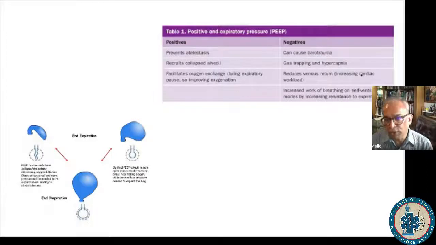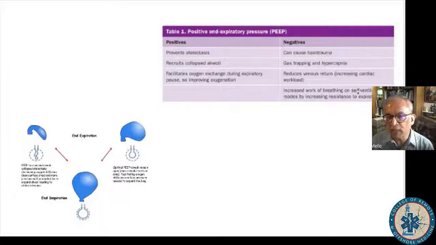So you've got two alternatives. You can give a bolus of fluid to make up for that reduced venous return, or you can use a vasopressor like a bolus of epinephrine, as we discussed in previous lectures.